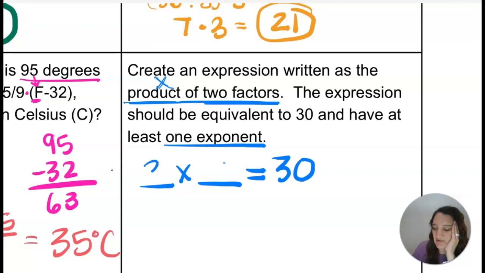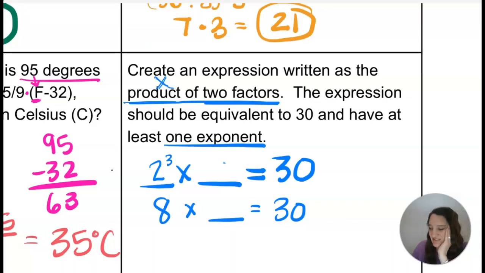So I know that 2 squared is 4, but 4 times nothing, that wouldn't work because 4 is not a factor of 30. What if I did 2 cubed, which is 8? But 8 wouldn't work either. Let's do 3 squared, that's 9. That doesn't work for 30.